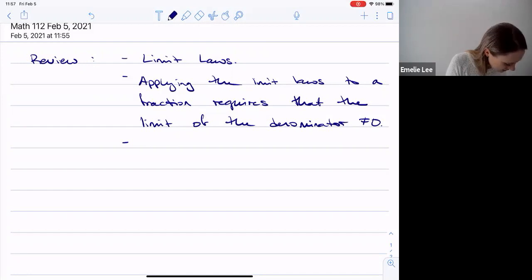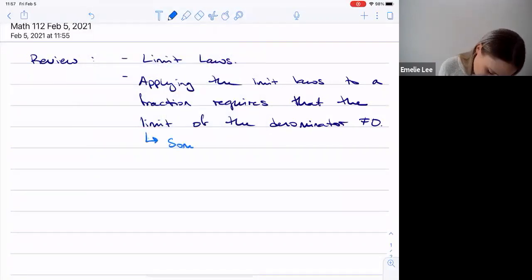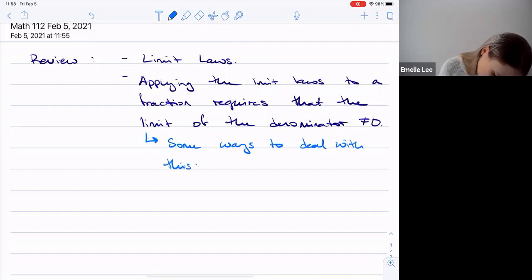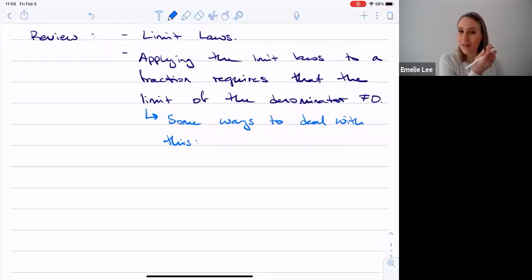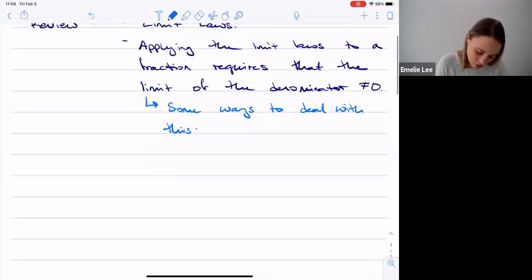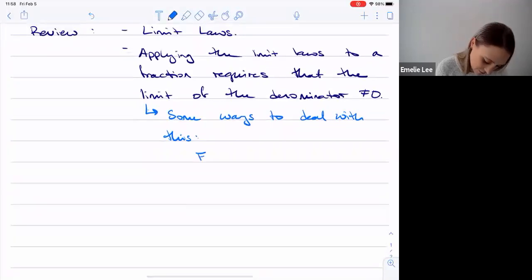Some ways to deal with this. Our go-to, the first thing we're going to check, and what worked on the quiz that you just wrote, is factor and cancel.